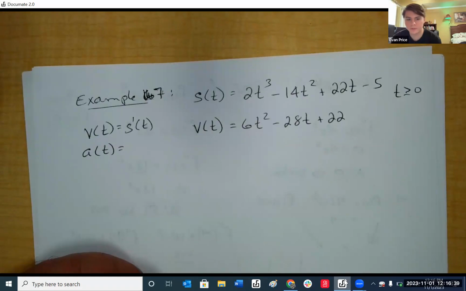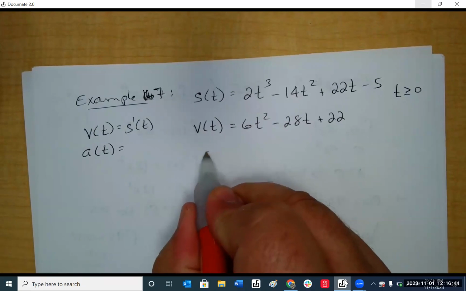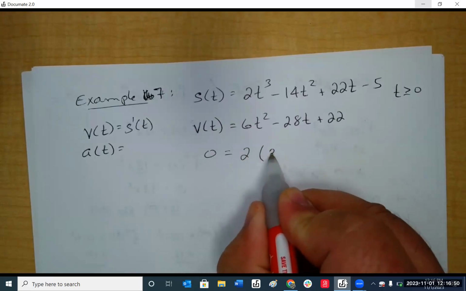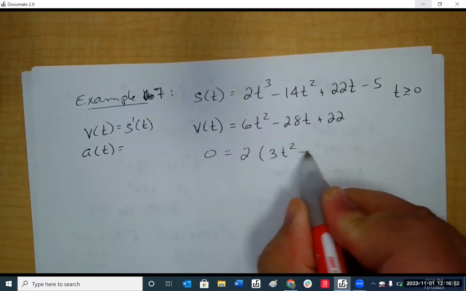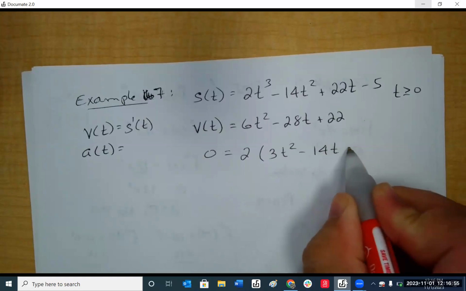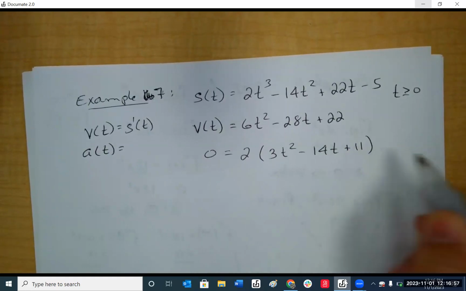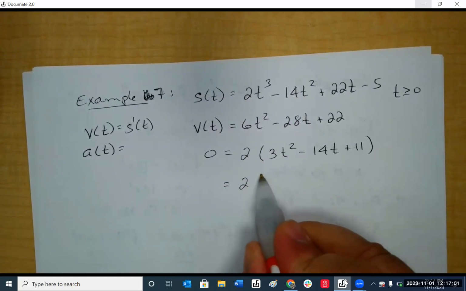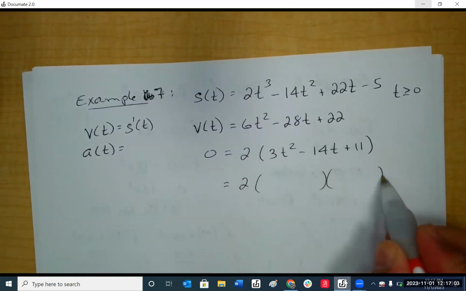Well, it's going to have 2 vertices. Okay, so let's set this equal to 0, and we can factor out a 2. Let's see if it's factorable.